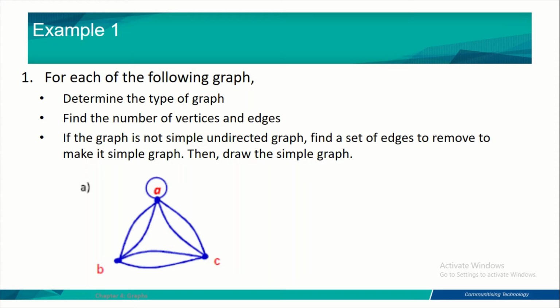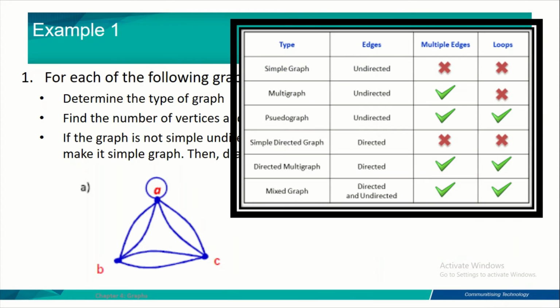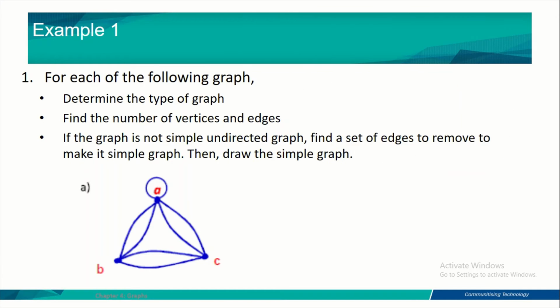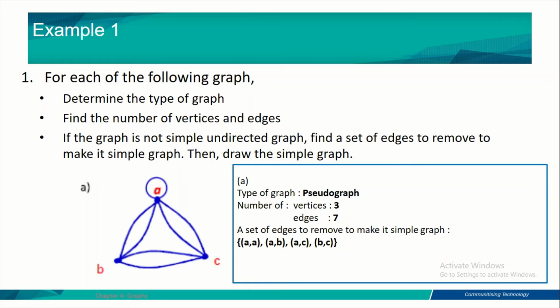So what is the type of graph? Let's see our quick summary. We need to have loops, multiple edges, and undirected. So the type is pseudograph. The number of vertices is 3 since it's point A, point B, and point C. The number of edges: 1, 2, 3, 4, 5, 6, 7.